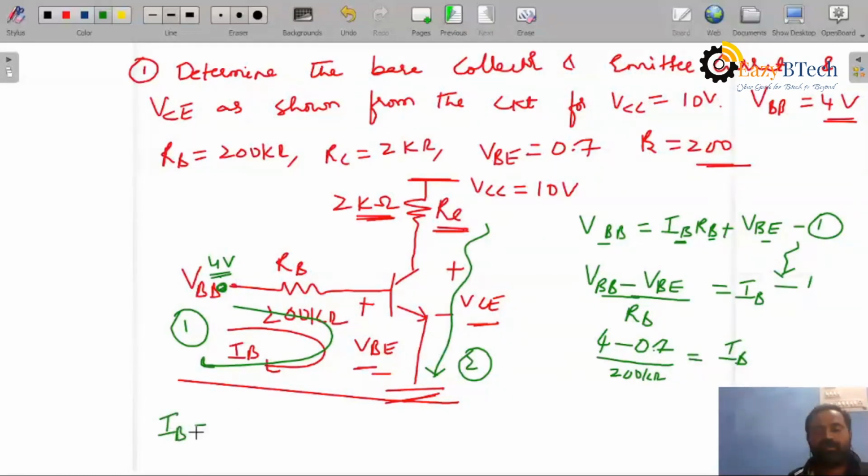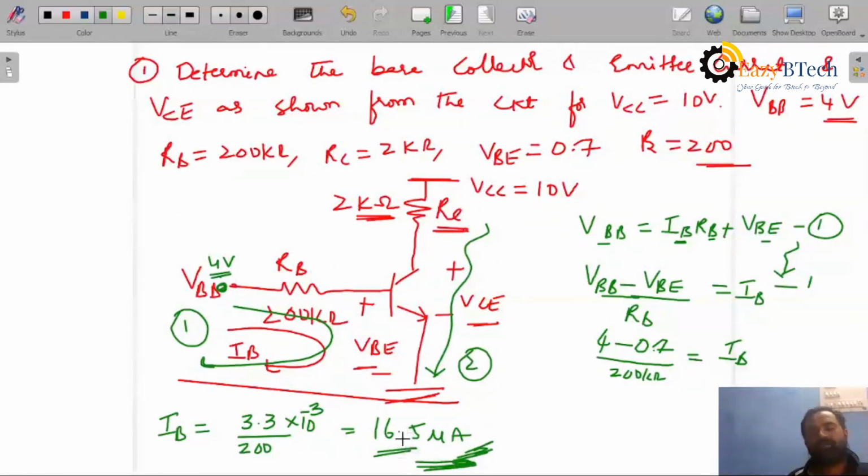IB is equal to 4 minus 0.7, 3.3 by 200. This kilo will go up, 10 power minus 3. Now 3.3 divided by 200. You will get this current approximately as 16.5 microamperes. This current is 16.5 microamperes.